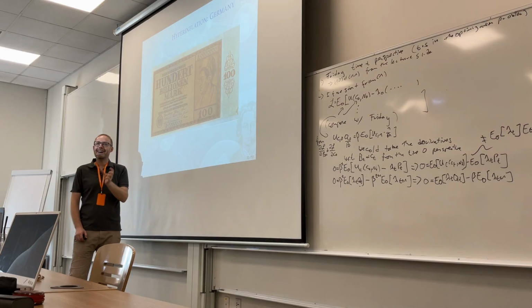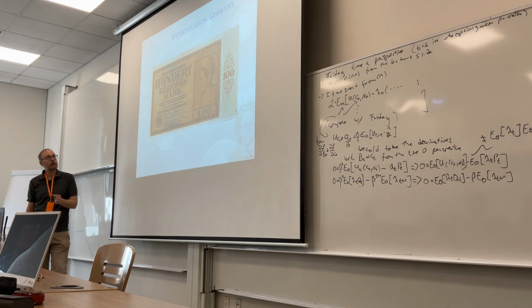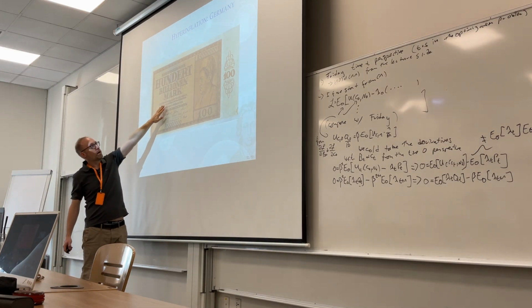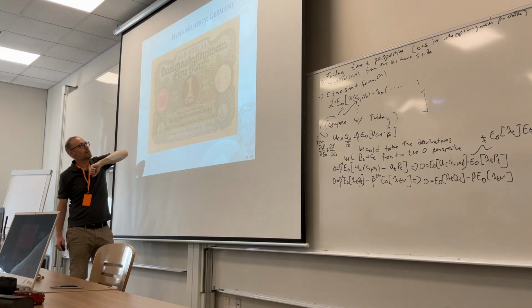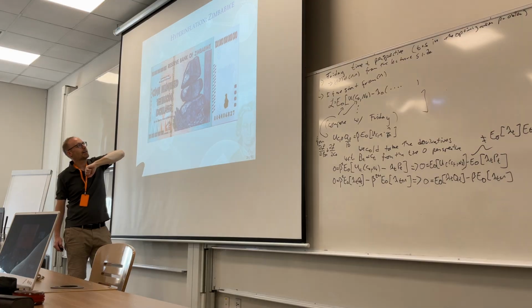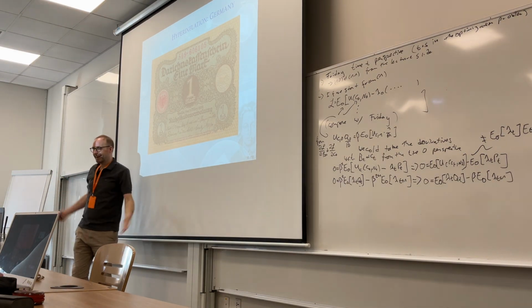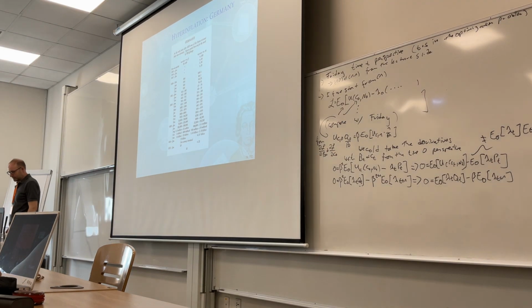So 1,000 is a million, 1,000 million is a milliard, and 1,000 milliard is a billion. So this 100 Billionen is actually 100 trillion. So this is the same progression, right, that we saw here. Right, so nothing special about Zimbabwe or Germany, right? This hyperinflation, similar patterns. Yeah?